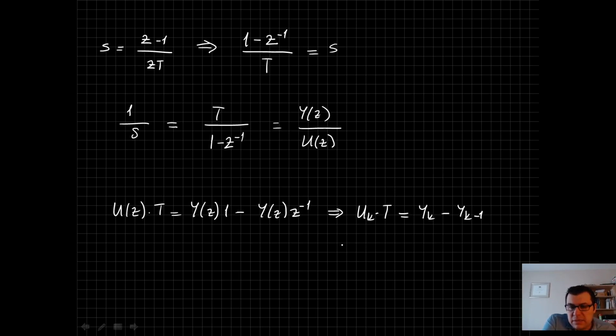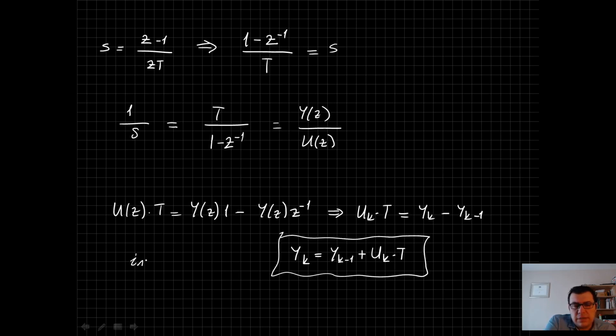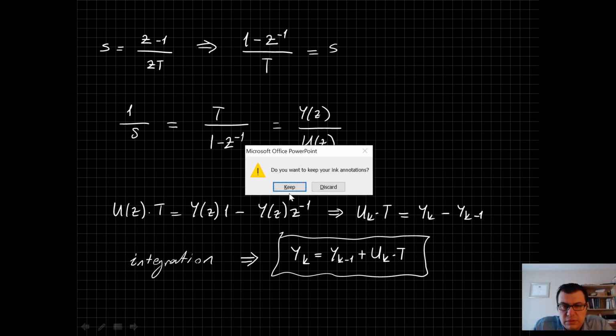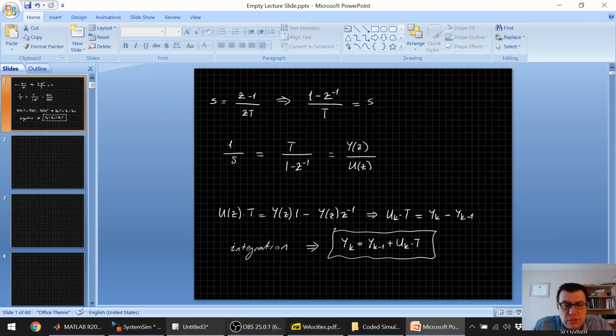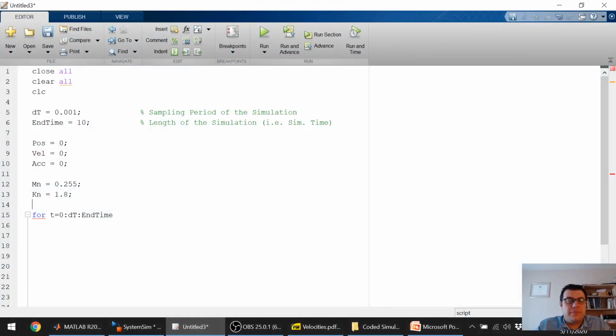And here it's easy to claim that your output y k is nothing but the previous response plus new input times the sampling time. So this is simply integration. The new response is equal to the previous response plus input times the sampling time. Okay, so let us try to implement this in our function.